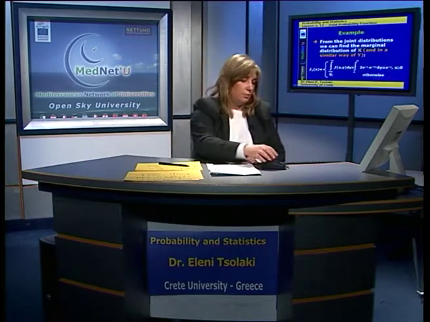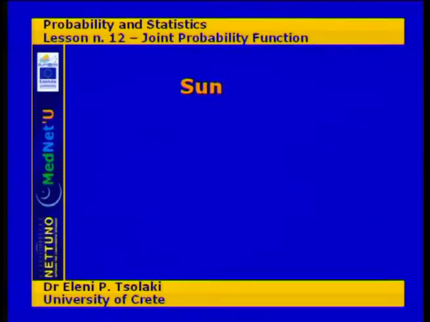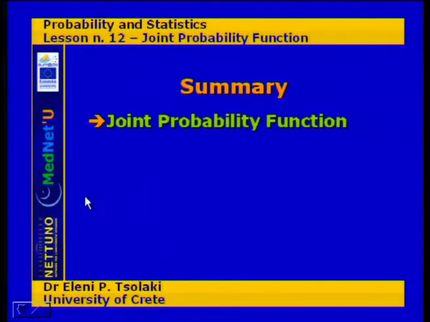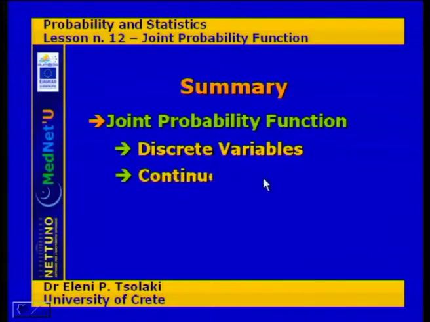So what we have seen here is the joint probability function of two random variables, for discrete random variables, for continuous random variables.